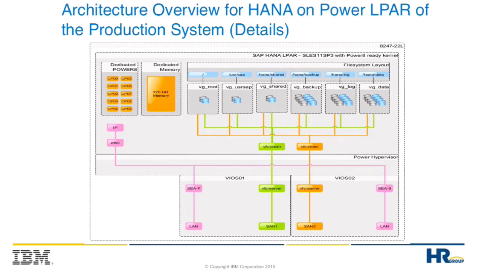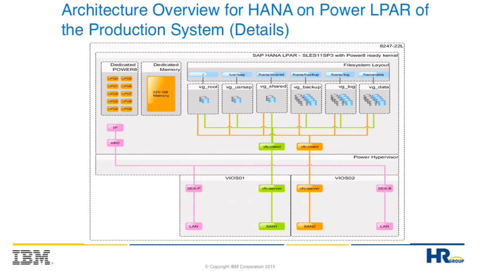Here I think it's the same, only some more VIOS information, but we had a completely redundant setup. So if one VIOS server went down or we needed to do maintenance, we had the other up and running and the connection to the SAN and to the disks.